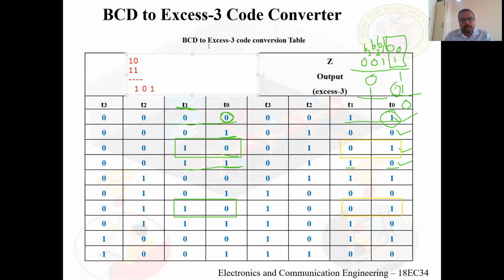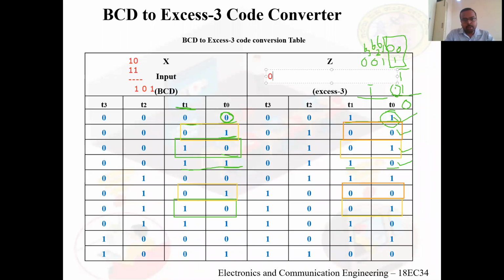Similarly, when it is 0 1 0 1, what output do you get now? You get it as 0 0 here. Similarly for this one you get it as 0 0. Why do you get 0 0 here?